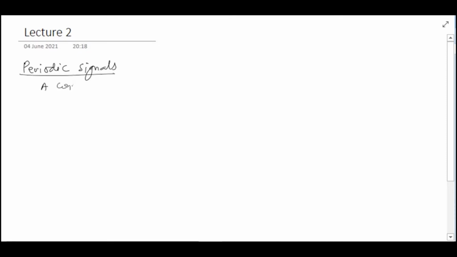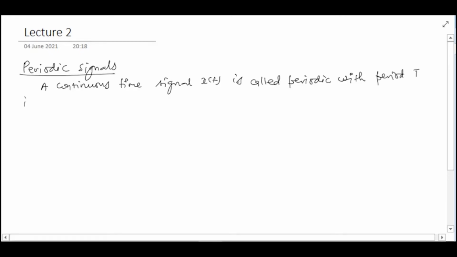A continuous time signal x(t) is called periodic with period T if x(t + T) is equal to x(t) for all t.